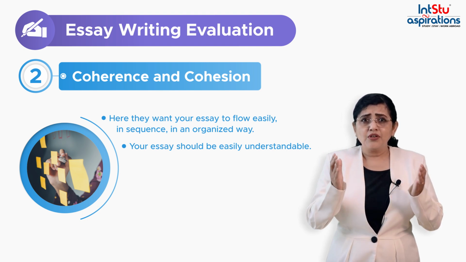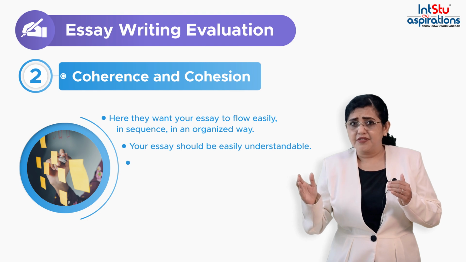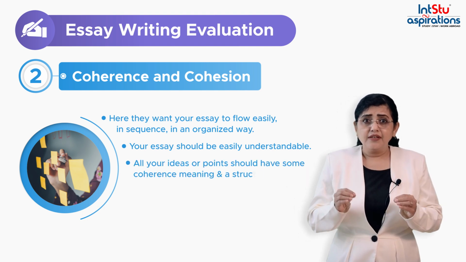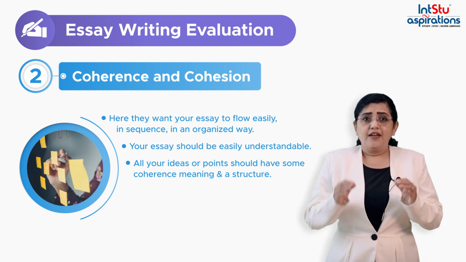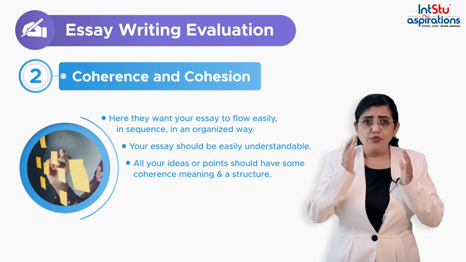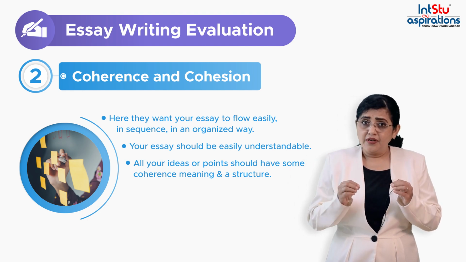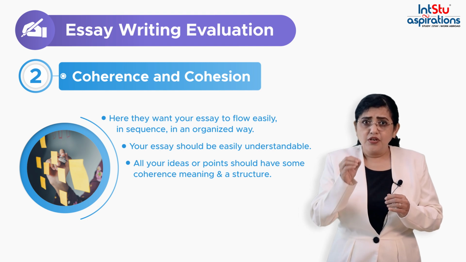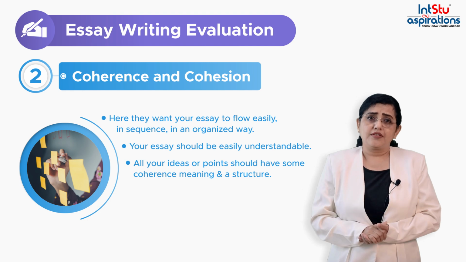All your ideas or points should be well connected with appropriate transition words. They should have some coherence, meaning you should have a structure, like a pattern that you are following in organized writing. Moreover, cohesion means you have to use transition words so that the examiner understands your flow of thoughts.